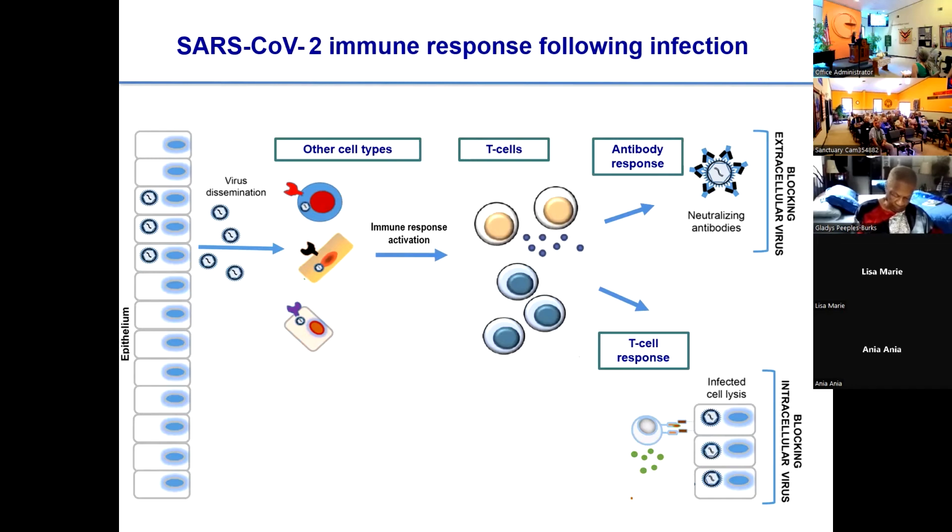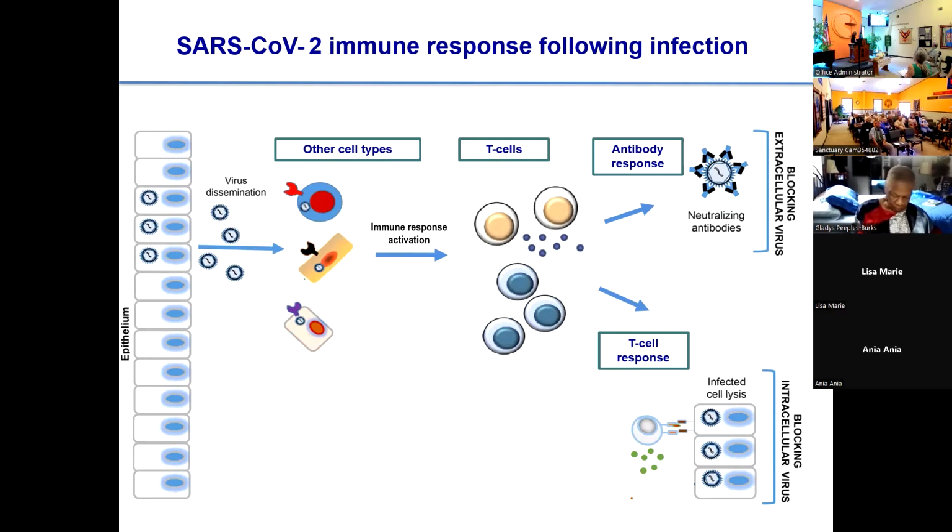They are able to block the infection of the free virus, the viruses that are not inside cells and are looking for other cells to infect. But there are other T cells that are specialized to recognize the infected cells. They recognize the virus inside that cell and kill those cells. Those are the ones I point out in the bottom part of the slide.